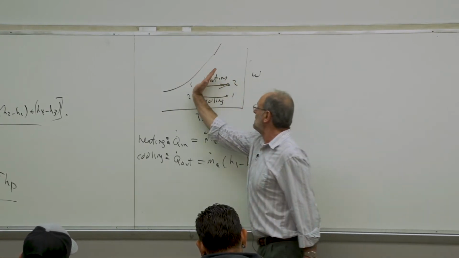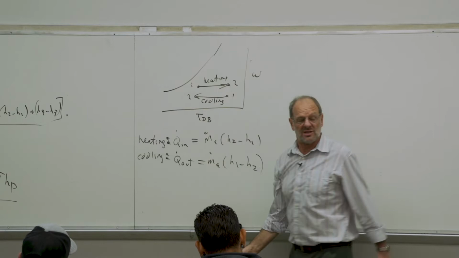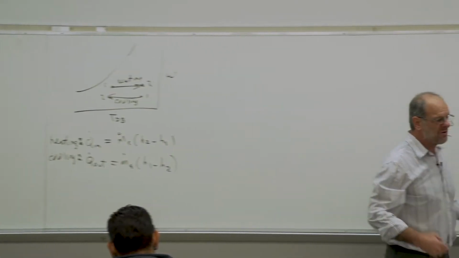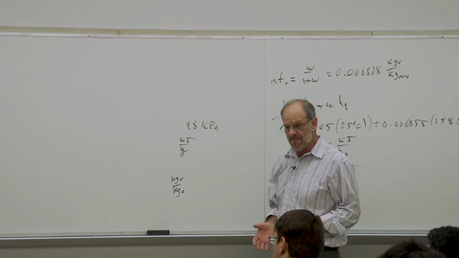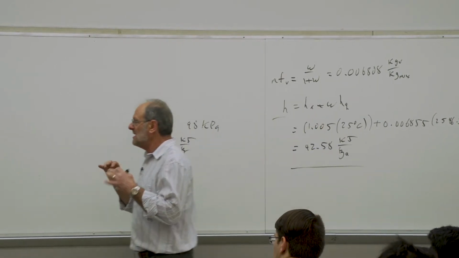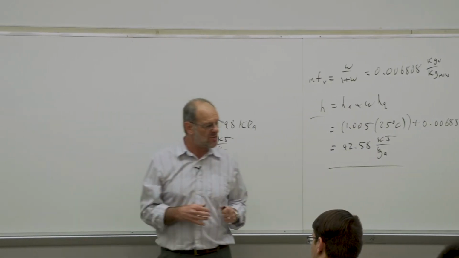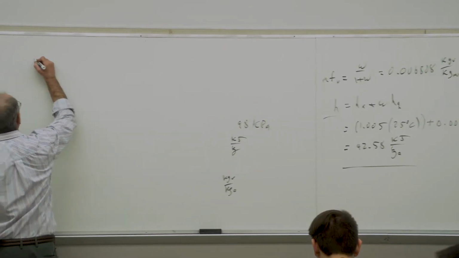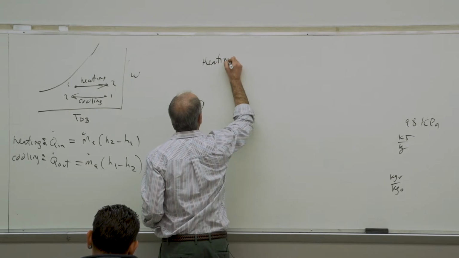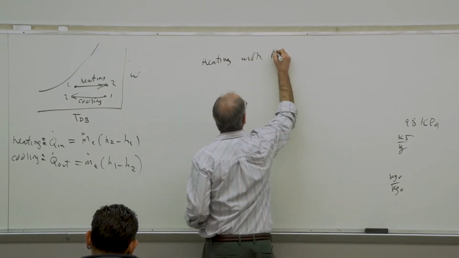But you can definitely see that as we heat, the relative humidity phi is going to drop. So in heating air, it actually becomes more uncomfortable because of the dryness of that air. So it's very common when we have a heating process to actually add humidity as well. So the next case we're going to look at is heating with humidification.